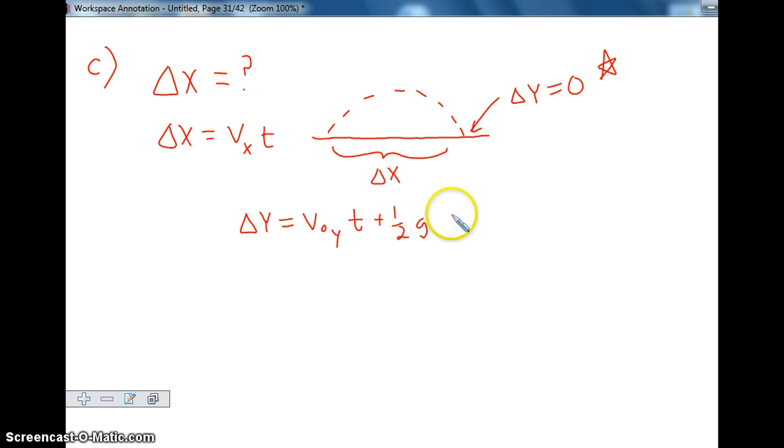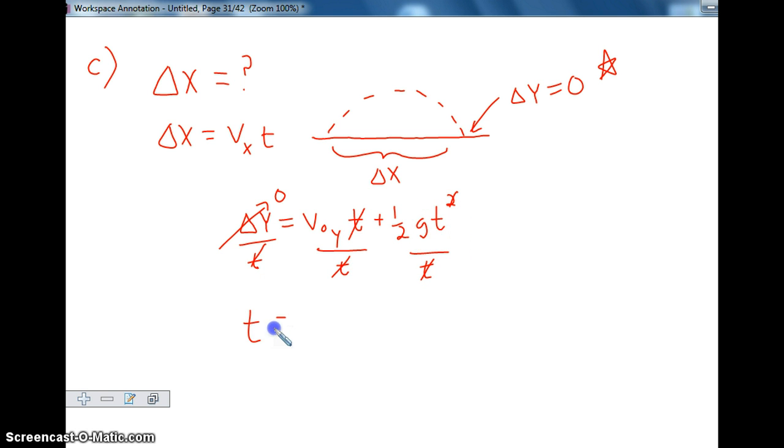When I solve this for t, by plugging in 0 for delta y, that'll be the t of the whole trip, which I can then plug back in over here. Running the algebra, now that we plugged in 0 here, we divide out a t and just have this single t. 0 divided by anything is 0. So this single t is what we have to solve for.